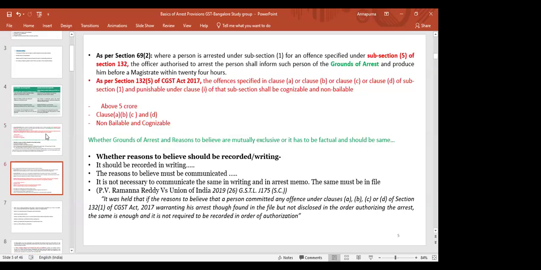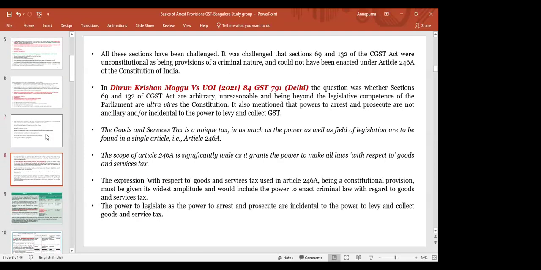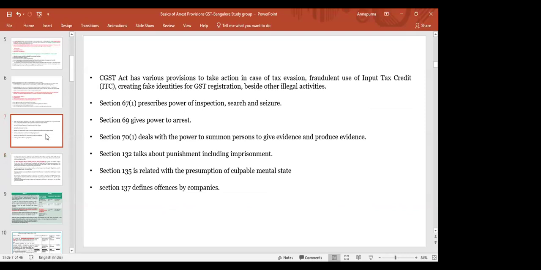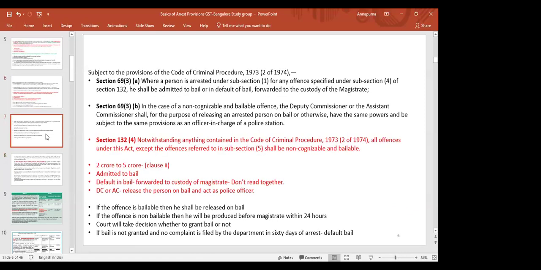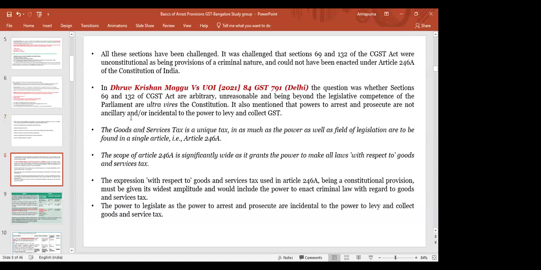So the next aspect is, before going into 132, there was also a decision which I was trying to see whether it was challenged before the court. This section 69, which gives the power to arrest, was challenged in the decision of Dhruv Krishan Maggu versus Union of India, where they said that these are unconstitutional because these are provisions of criminal nature, and they don't fall within Article 246A of the Constitution of India.